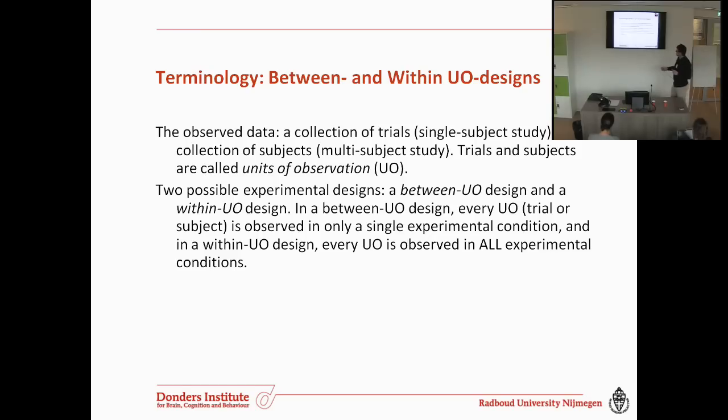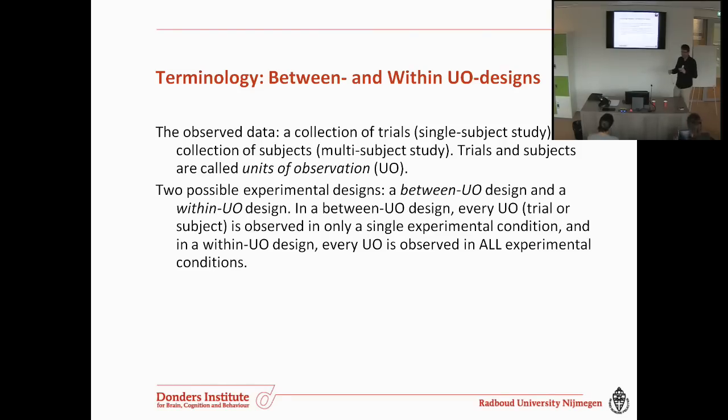This does not have to be the case when the unit of observation is a subject. Typically, in the experiments that we run here, every subject is observed in multiple experimental conditions. So we have tasks where attention is to the left of the visual field, the right of the visual field. We have tasks where we give a cue or no cue. We have high working memory load, low working memory load, with motor preparation or without motor preparation, and so on.